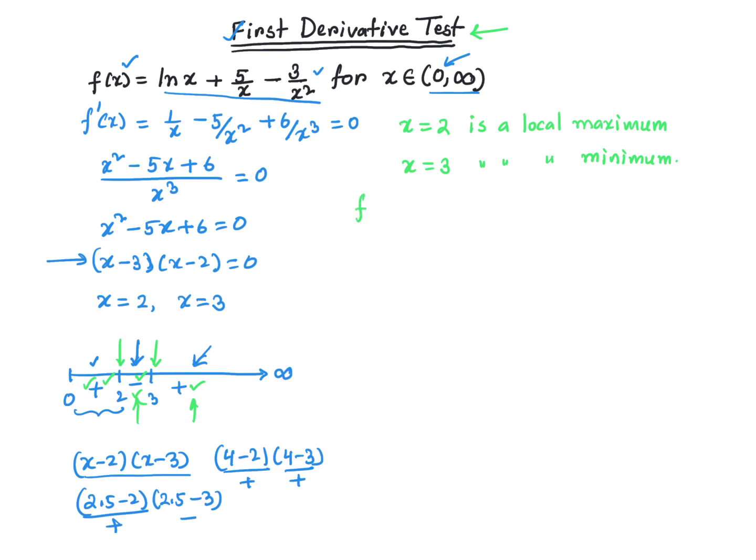So f of 2 is going to give me ln 2 plus 5 over 2 minus 3 over 2 squared, and you can simplify it.